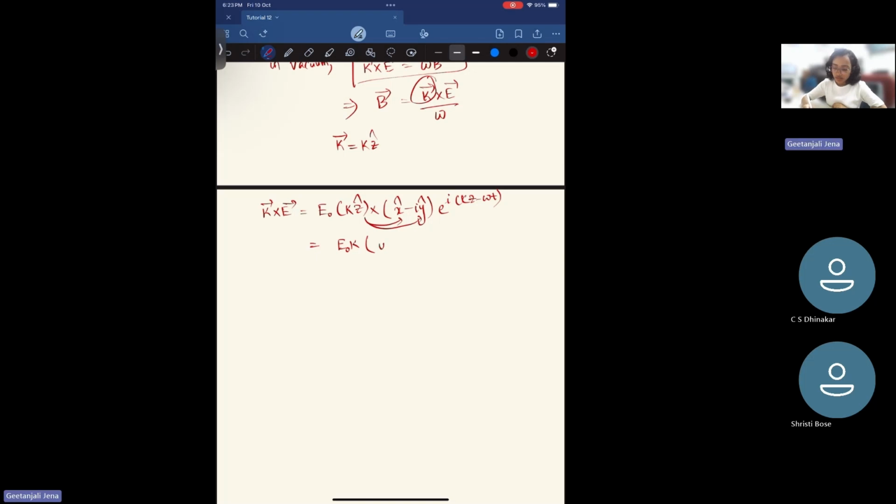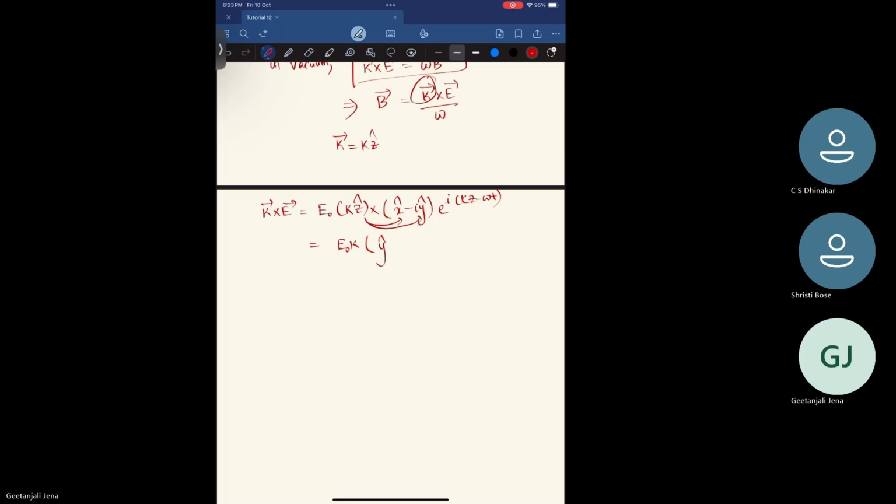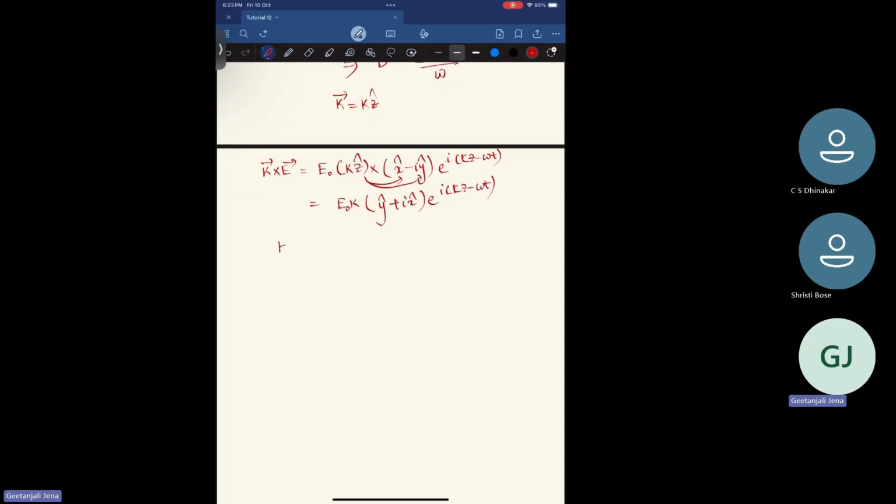You will get y cap plus i x cap, e to the power i (kz minus omega t). So that means H is E0 k by omega mu naught, times y cap plus i x cap, e to the power i (kz minus omega t). So we know the magnetic field now, and we can easily calculate the average value of the Poynting vector.